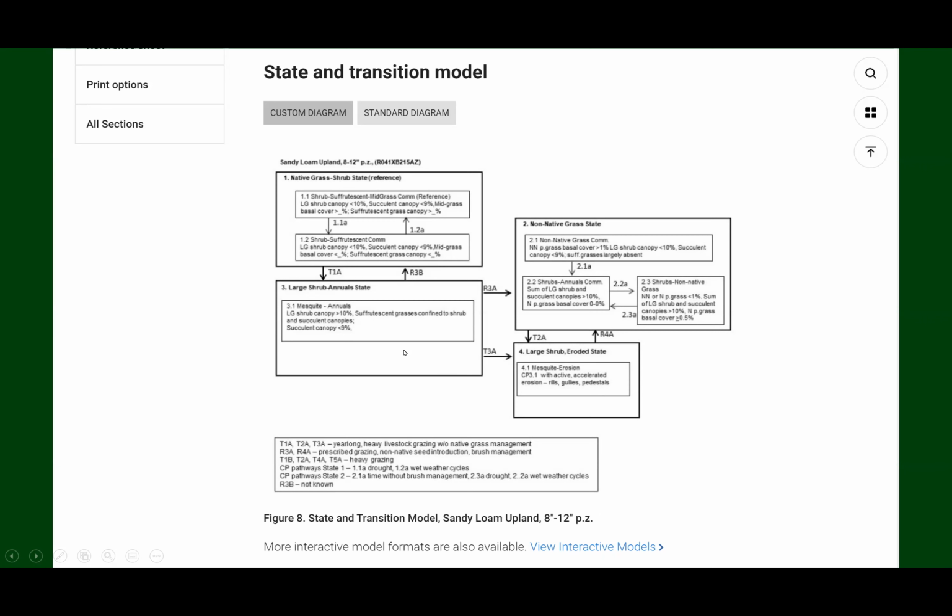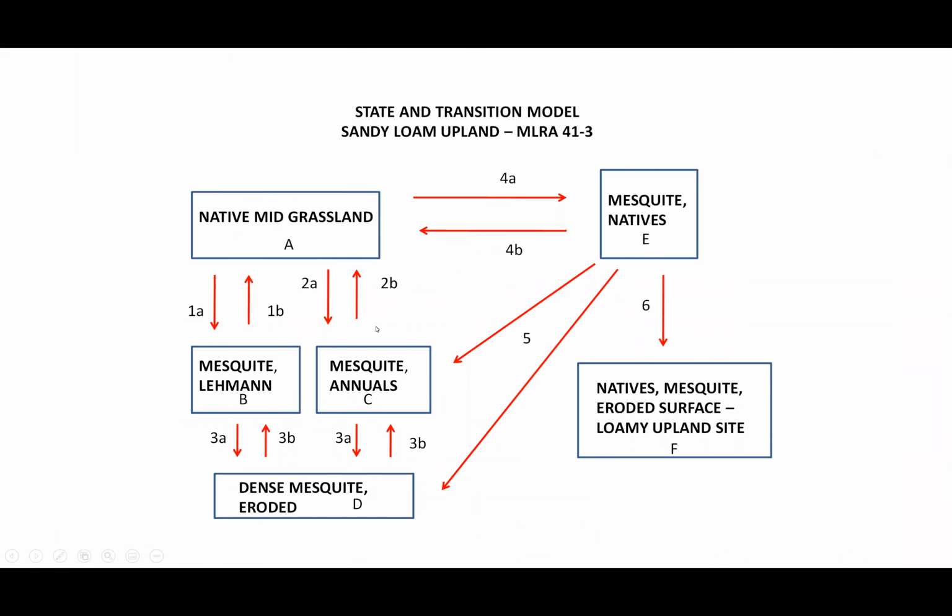Here's a simplified one that might be a little easier to understand. So if we go from native grassland, maybe through excessive grazing, it gets invaded by mesquite. If we do mesquite control, we might be able to move it back over to here. If lehmann lovegrass invades and mesquite both, it may be that we can move it back, or maybe we can't.